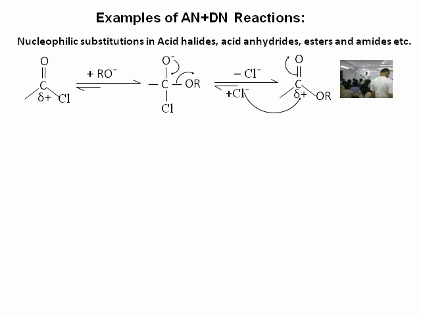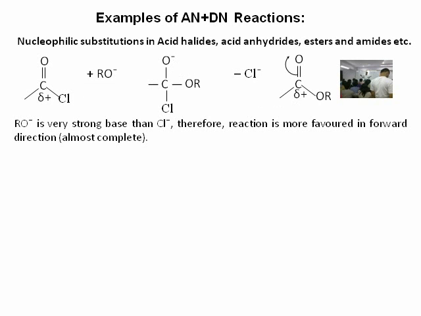But because Cl minus was a much weaker base, the reaction will be almost complete in the forward direction. Normally we do not show these reactions with the equilibrium symbol, because the reaction is almost complete. So normally we show it in this way.